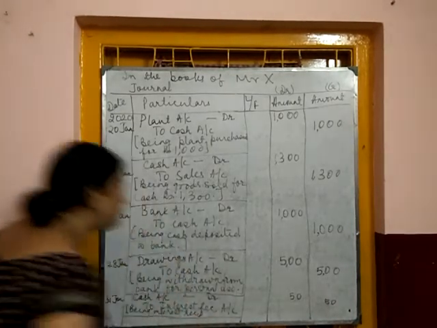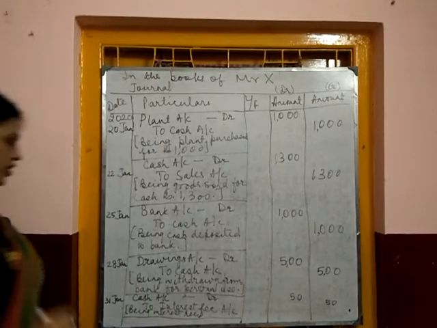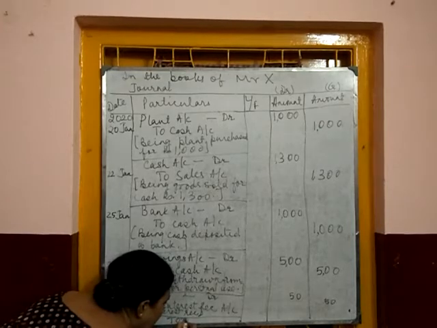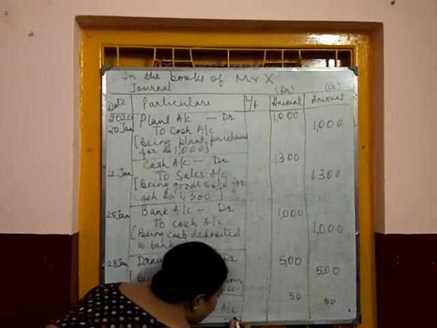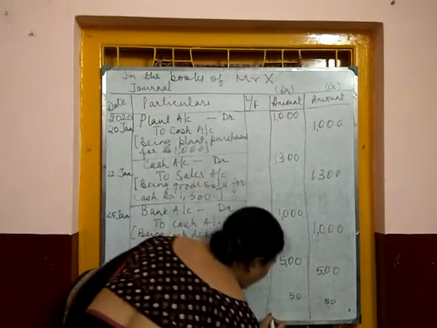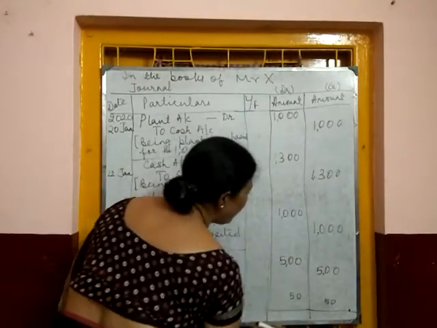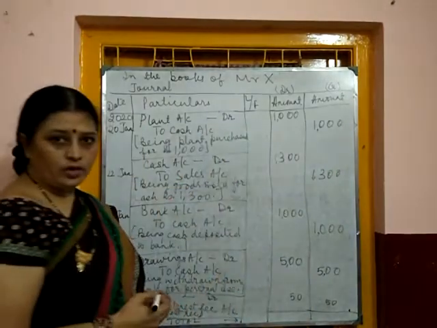Okay. After drawing a line, see dear children, you have to do total. You will do total of both the sides, the debit total as well as the credit total.